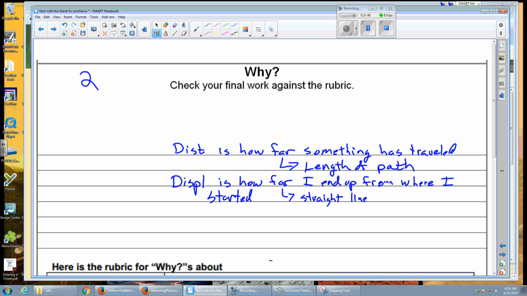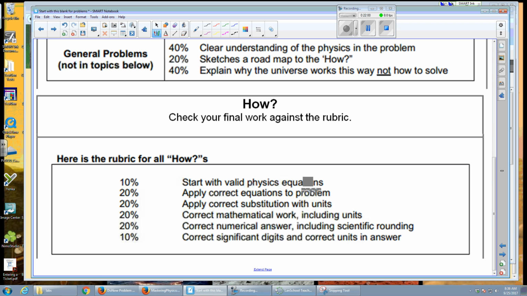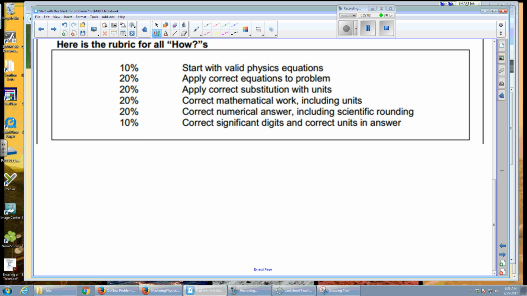In our equation sheet, we've got displacement is your final position minus your initial position. We've also used the distance formula as just adding up all the parts.